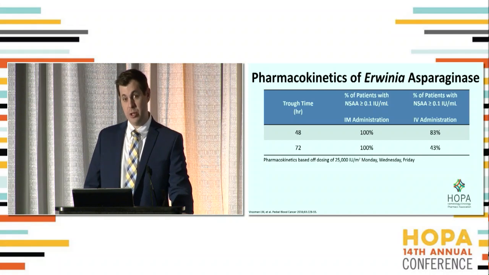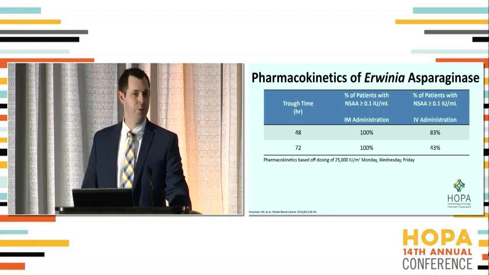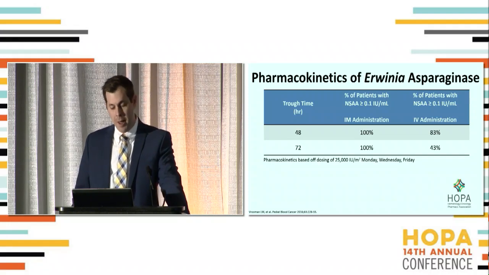What they found was when you gave this product via the IM route, 100% of the time you were meeting your goal level of being above 0.1 international units per ml at hour 48 and 72. And the 72 becomes relevant because you go from a Friday to a Monday between dose 3 and 4.